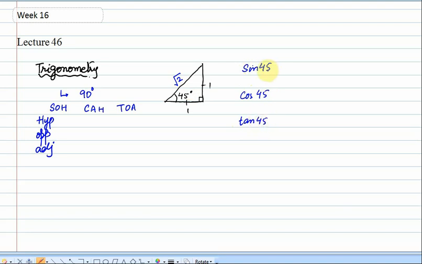So sine is what? Sine is opposite divided by hypotenuse. Opposite is 1 and hypotenuse is under root 2. Similarly for cos, adjacent divided by hypotenuse, and for tangent, opposite divided by adjacent. So these are the values at 45 of sine, cos and tan. You should note it down in your working copies.